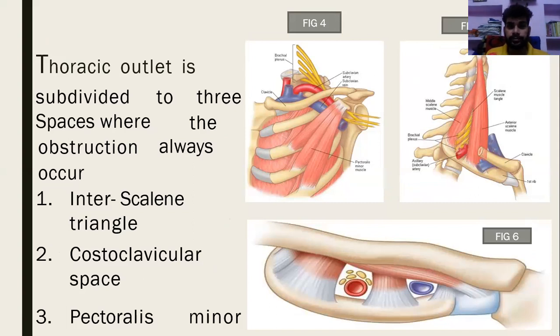It is present between the scalene muscles. Figure 5 shows the costoclavicular space, present in the clavicular and intercostal region. And in figure 6 the pectoralis minor space is shown.